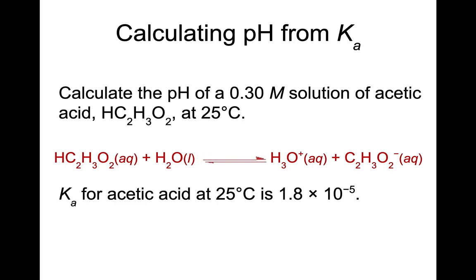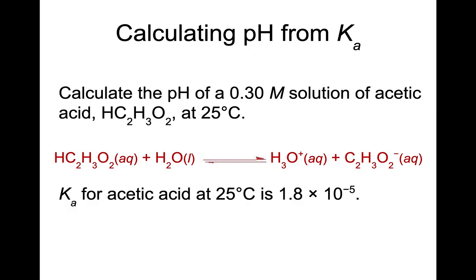We would like to calculate the pH of a solution that has a concentration of 0.3 molar acetic acid at 25 degrees Celsius. So first off, we see acetic acid. We don't recognize it as one of our special 7 strong acids, and so we know that it's going to exist in an equilibrium with its dissociated counterparts.